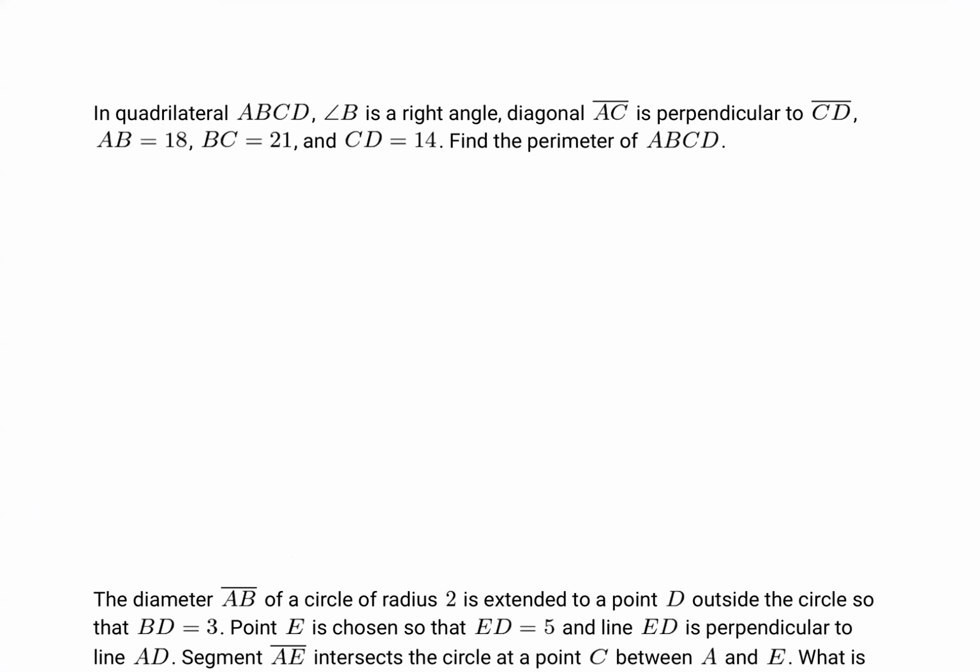Okay, so in quadrilateral ABCD, right, so this is my best attempt at a right triangle ABC. And then diagonal AC is perpendicular to CD. Right, so this is our quadrilateral, ABCD. This is a right angle, and this is a right angle.